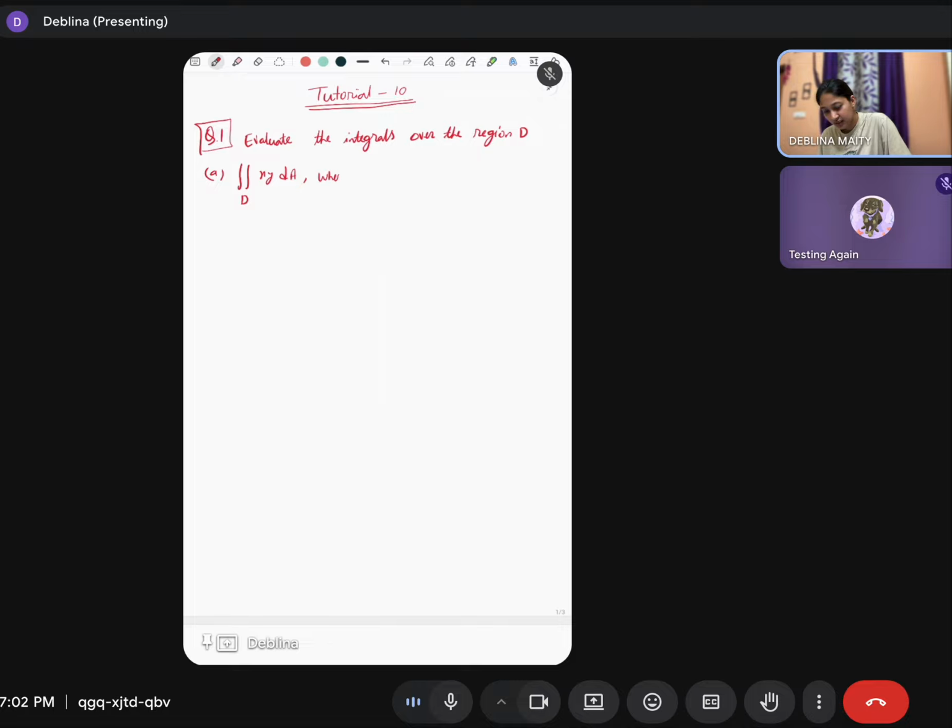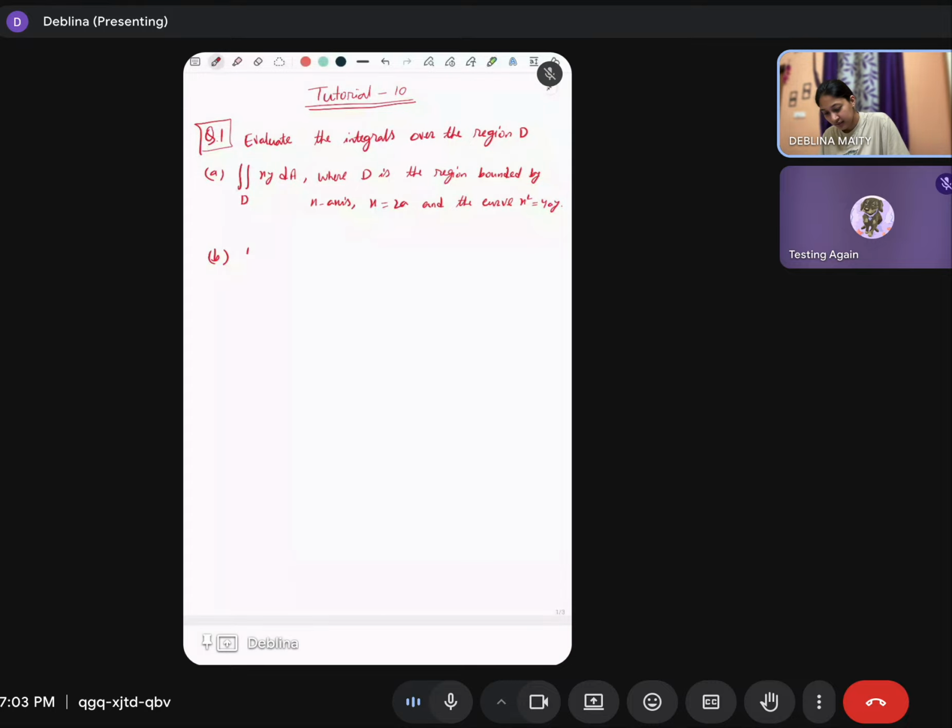So here D is the region bounded by the x-axis, the ordinate x equals 2a, and the curve x square equals 4ay, the parabola.